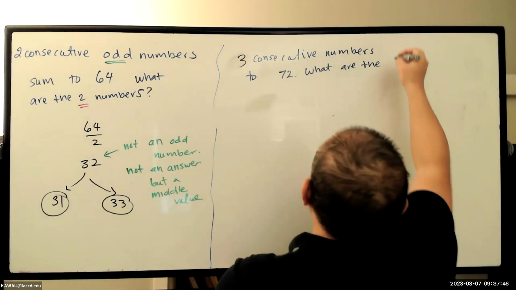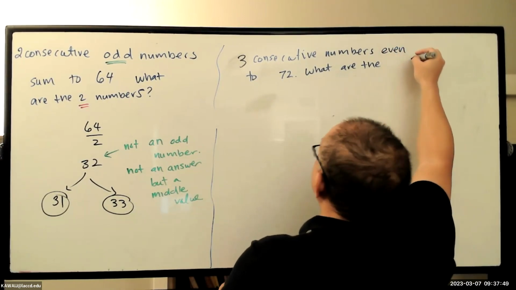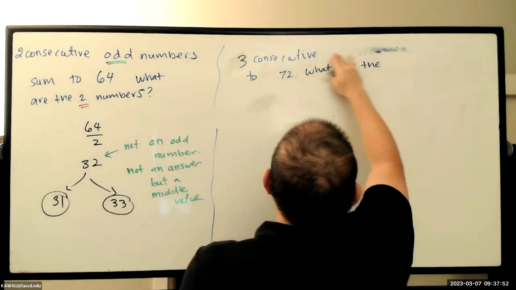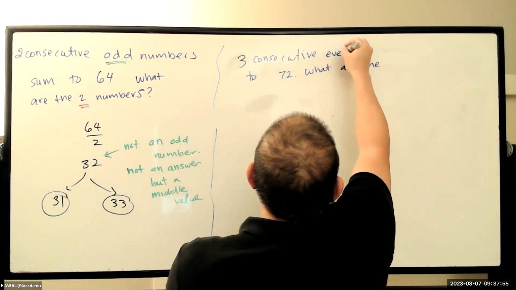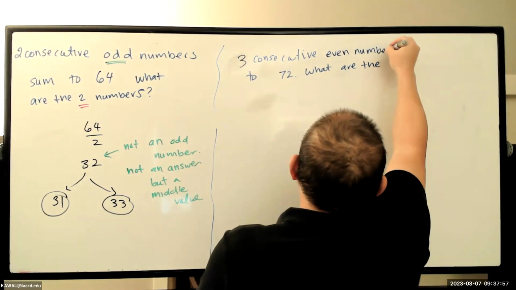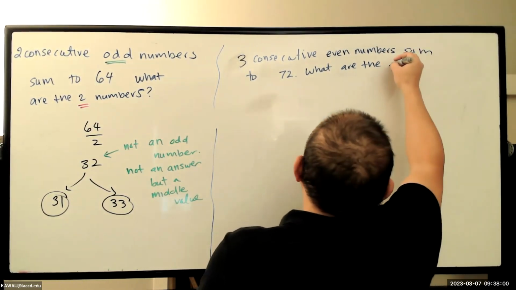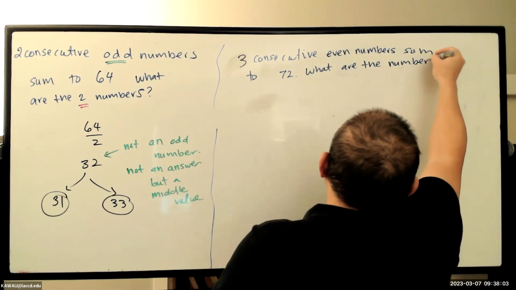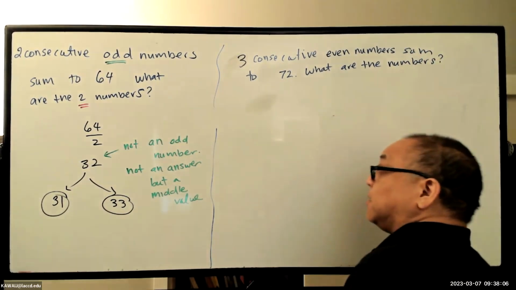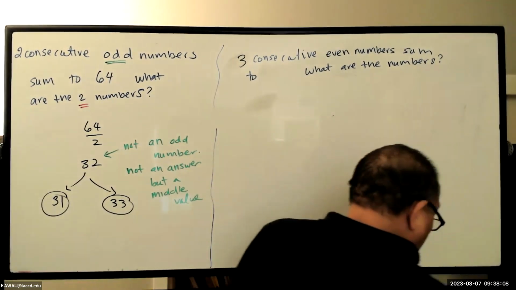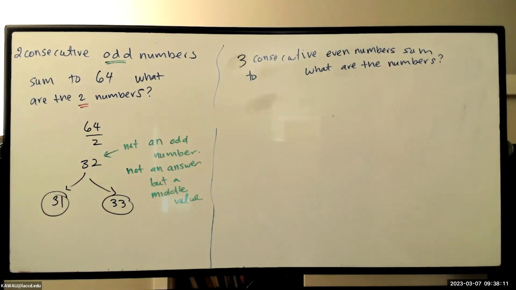So 3 consecutive even. Let's say the sum is 138.